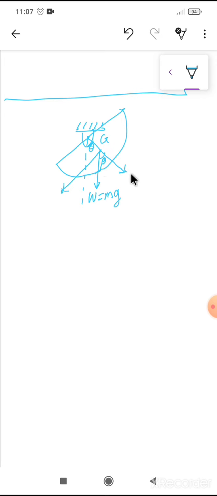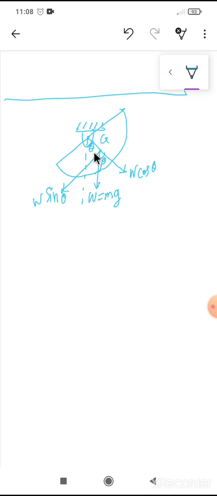Here it will be w cos theta, and here it will be w sin theta. Similarly, the w cos theta will be equaled out with the force of the fixed support. The w sin theta force will also be equaled out with the help of the fixed support.